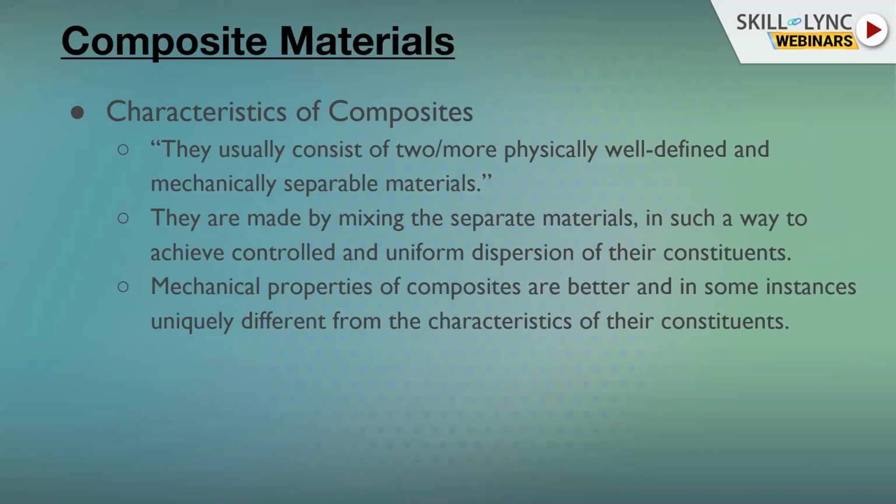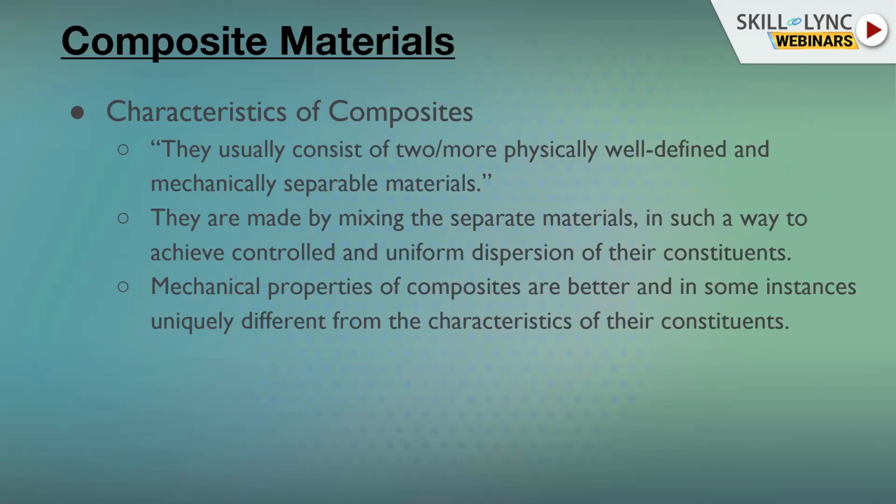The characteristics of composites are two or more physically well-defined and mechanically separable materials. These materials are physically well-defined. They can be identified as different to look at, and also have different mechanical properties, and they are separable materials. So you can look at them and identify that constituent A is different from constituent B. So how are they produced?